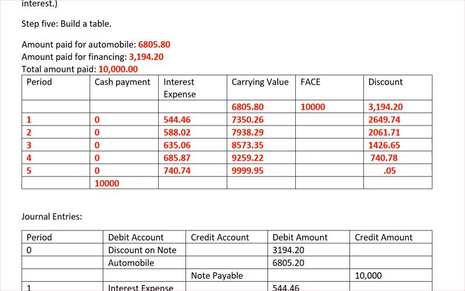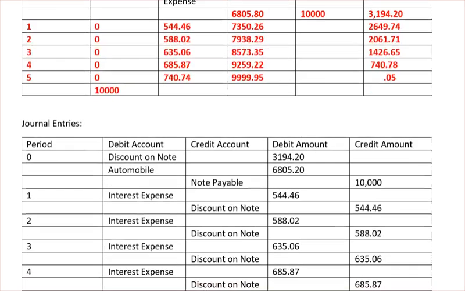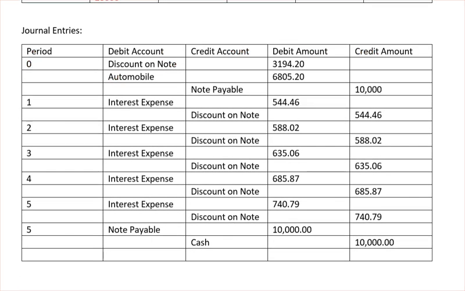It's presumed to be the interest that would have been earned by the individual or the company that is making the loan to us. So we put that in at $3,194.20, which means the total amount of interest expense over this time period of 5 years needs to total up to $3,194.20. However, it will be proportioned.